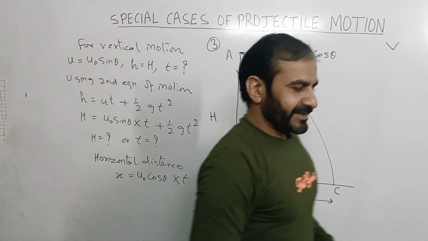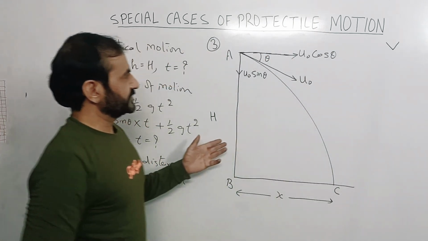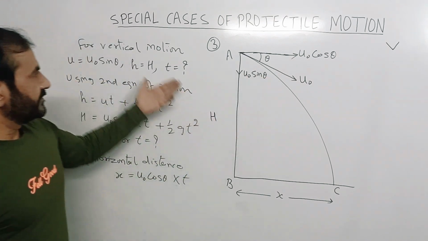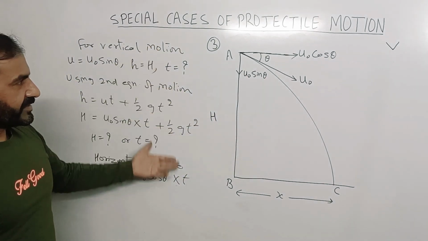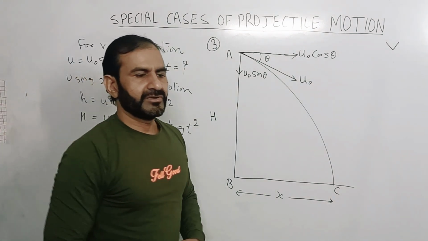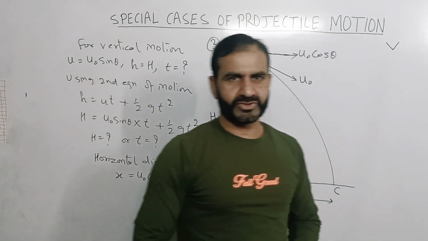These are major types of numericals on projectile motion. Whatever be the case, from this figure put the values and you can calculate or solve these three types of problems or say numericals on projectile motion.